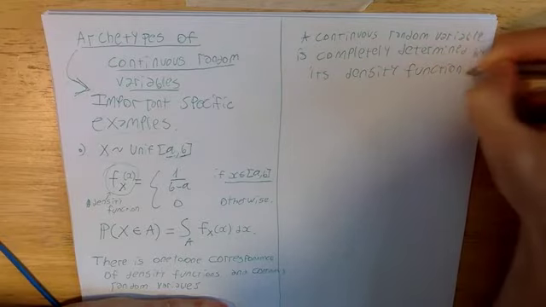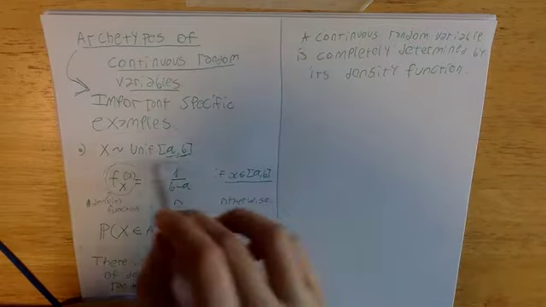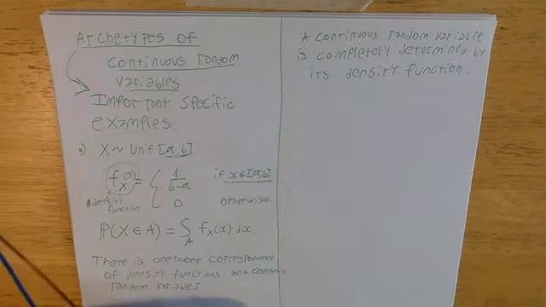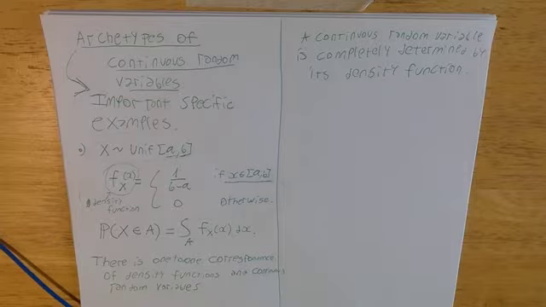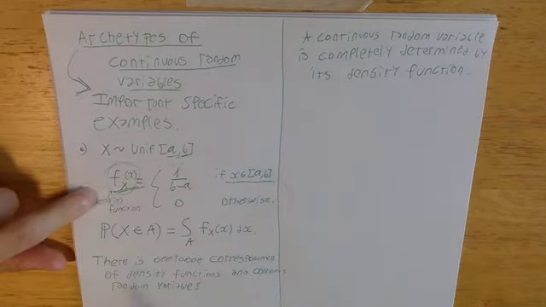So in the case of the uniform distribution on an interval, this is the density function associated to it. And what we're going to keep seeing today is other types of continuous random variables in which we specify the density function.